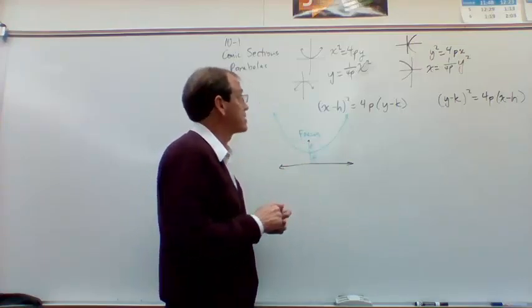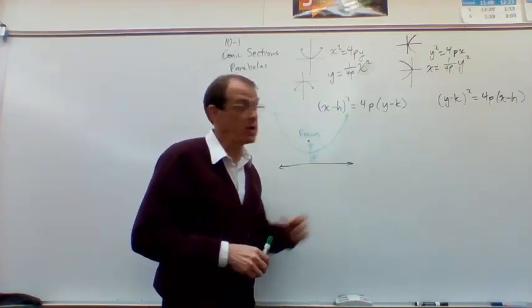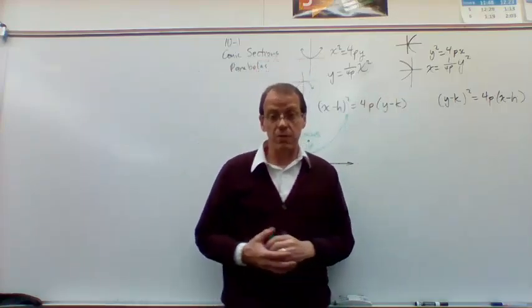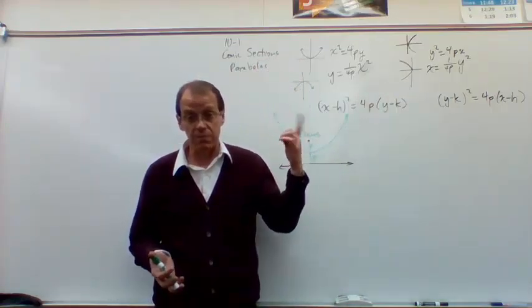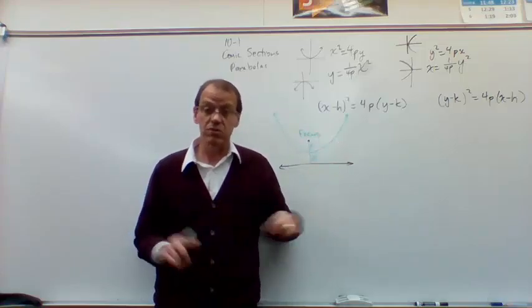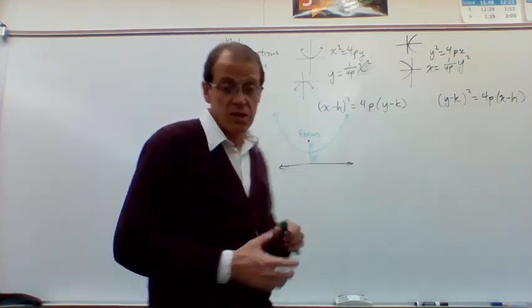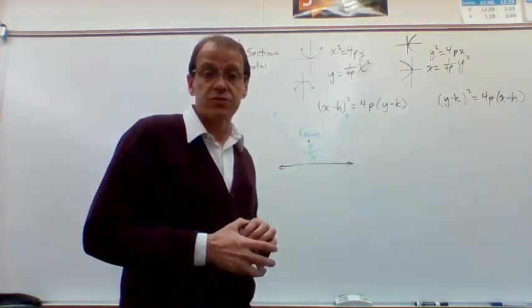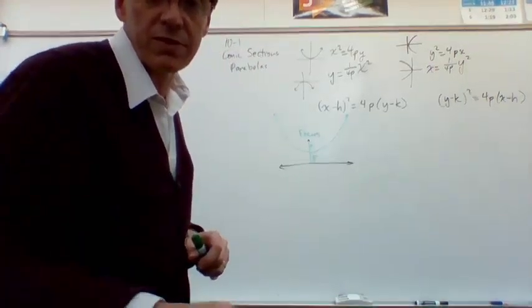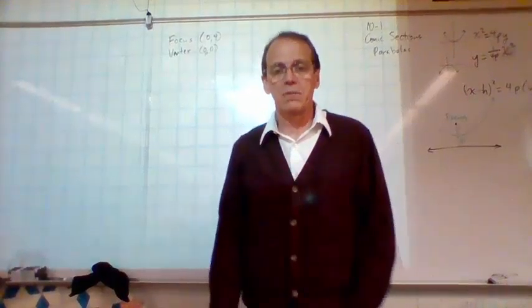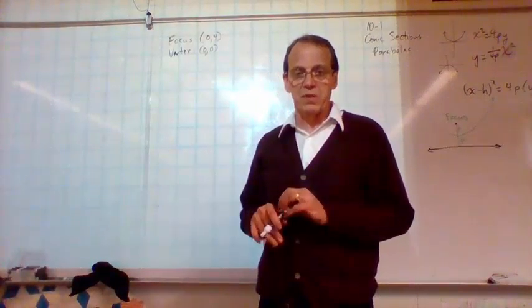That's in a vertically oriented parabola. In a horizontally oriented parabola, the same thing works, but instead of up, you go to the right. Instead of down, you go to the left. So that's your basic understanding of conic sections and parabolas. Okay, so now we're going to look at some specifics.